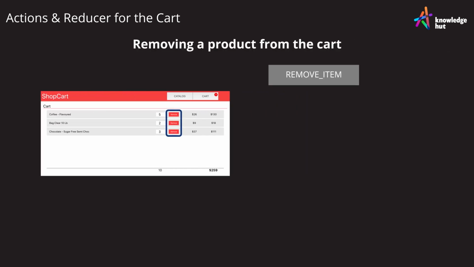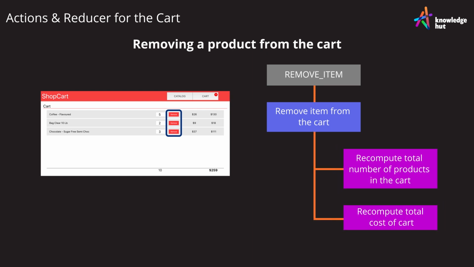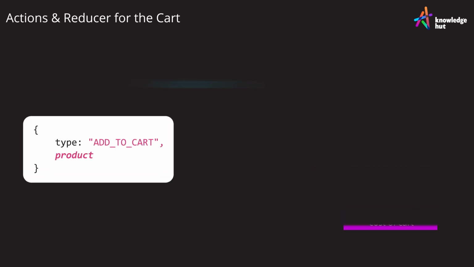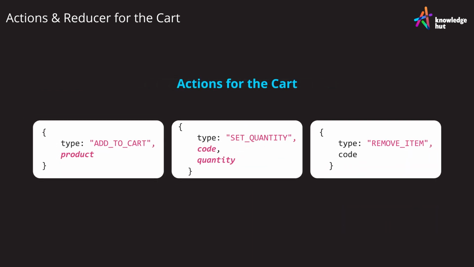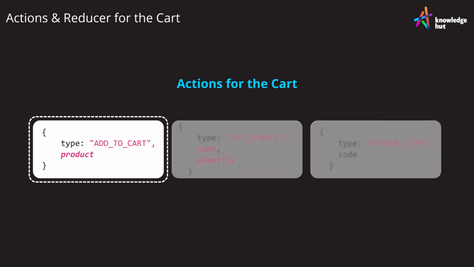Finally, we should be able to remove the item from the cart, which should again lead to recomputation of the total cost and the number of products. This means we are looking at three actions and their respective reducer capabilities. The add to cart action should add an object describing the product to an array called items in the cart.